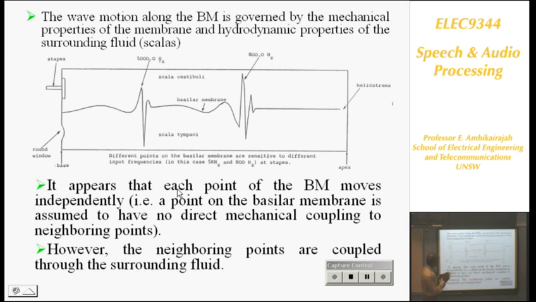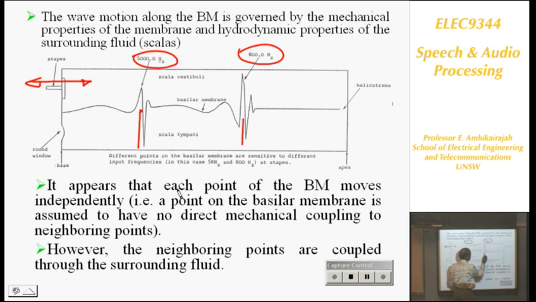So this is just another simple example where you can see that I've drawn a kind of simulated waveform, and if you look from here and you're only tracking the maximum, and a signal entering here has two frequencies combined, one is 5000 hertz, one is 800 hertz. When they pass through this, the 5000 hertz is sensitive at that point of the membrane, whereas 800 hertz is sensitive at that point.